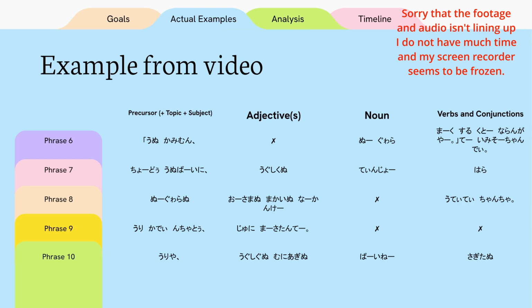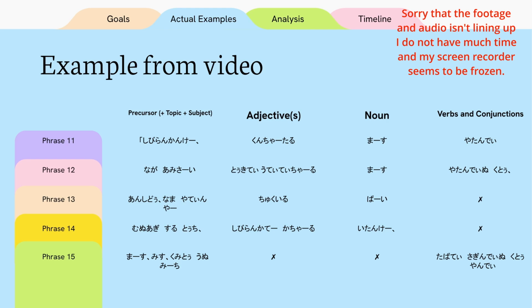And then there's also a lot of things like itanke, which is like on a board, but technically not on top of something, so it can mean on and whatnot. And for phrase 11, it's shibiran kaike. You might be wondering, if you listen to the audio too, if you go back to wherever matches phrase 11 with the video open in a different tab, there's this e here.